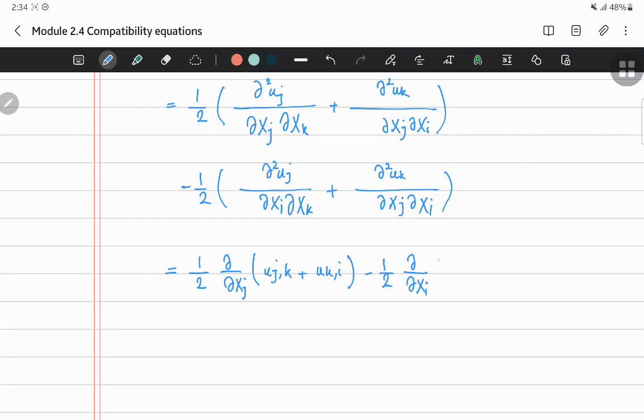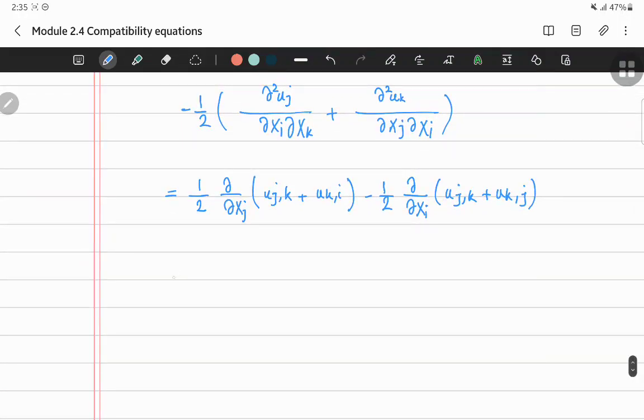I can get this out, so I get uj,k plus uk,j.